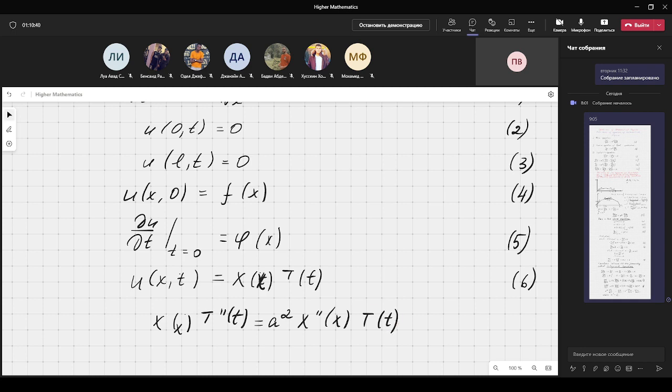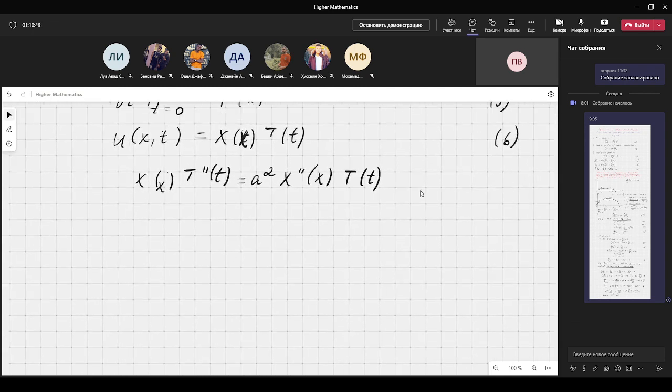And dividing the terms of the equation by a squared X T, we will have T'(t) over a squared T(t) equals X''(x) over X(x). Formula 7.